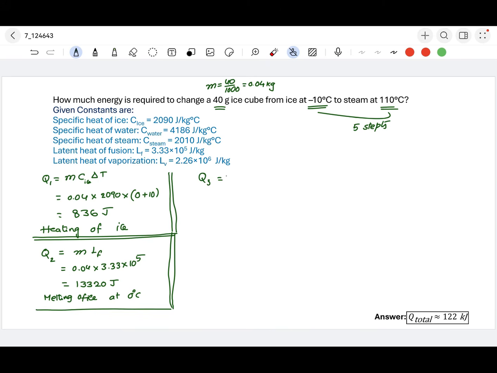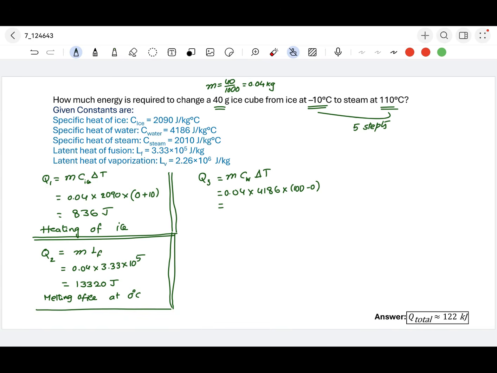Next one, Q3. What is Q3? The heating of water. So water means mc delta T, taking the water value. Which is equal to 0.04 times 4186 times the temperature change. Water means till 100 only, so 100 is the final one and 0 is the initial one, so simply take 100.